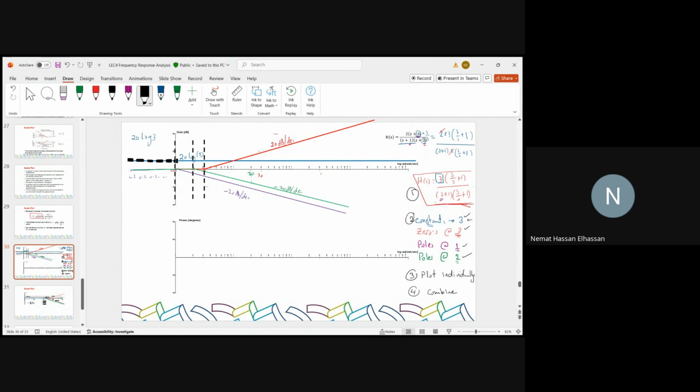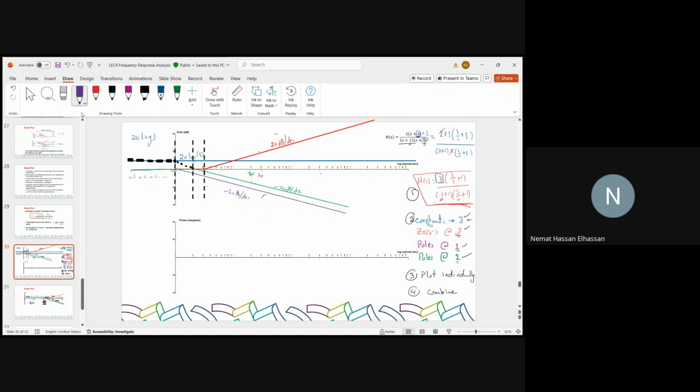And then at 1 radian per second, we have only this purple line contributing. So this appears, which means that now instead of being a straight constant line, we do have a slight 20 decibels per decade drop. And then at 2 radians per second, we have two contributions.